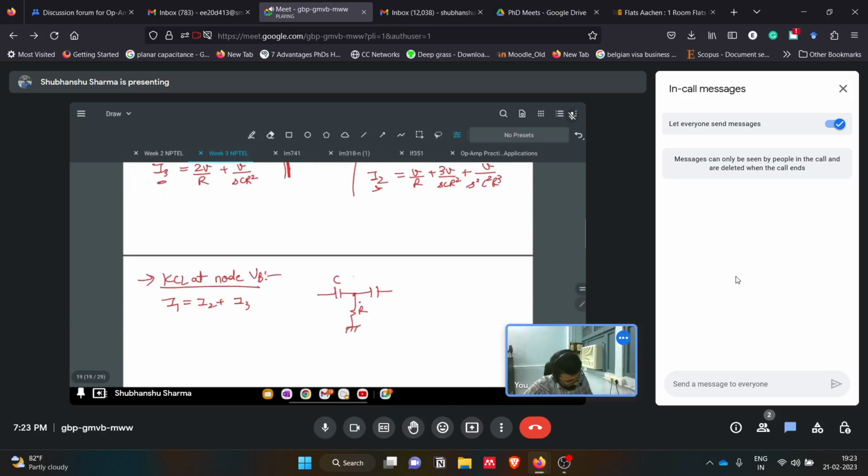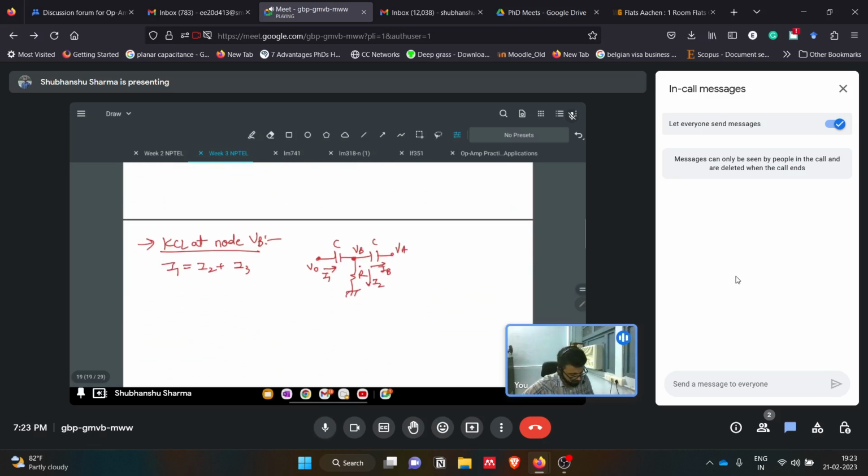So we have C, we have VB here. This is V naught, this is I1, this is I2, this is I3. And then this is VA. So we have I1 equals I2 plus I3. It is simple.